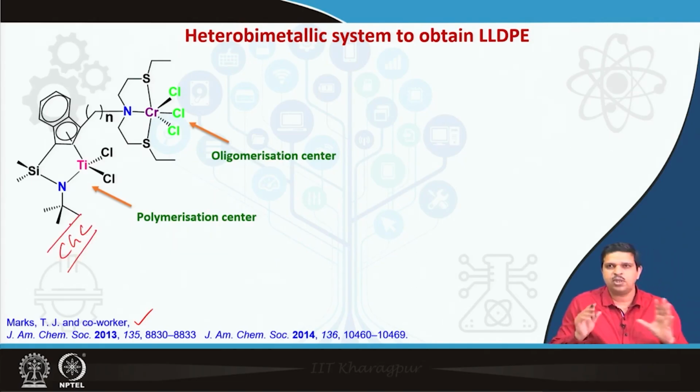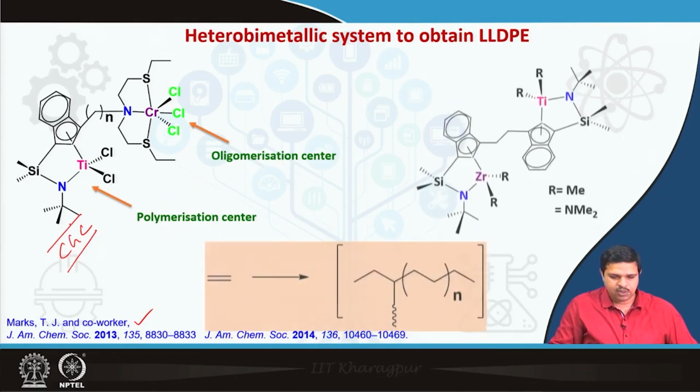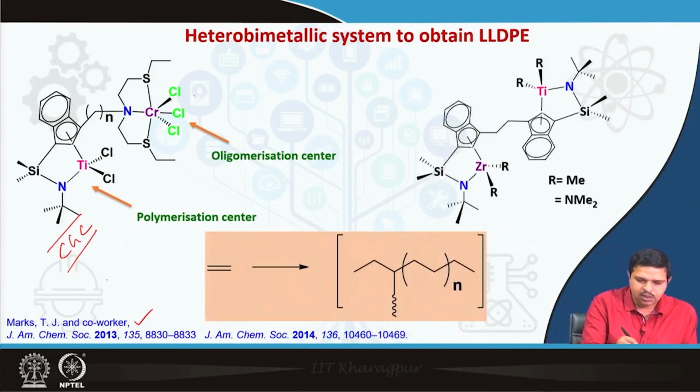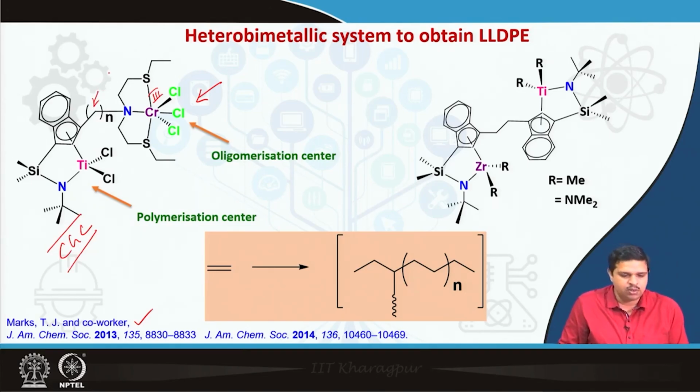I just want to show the design and the advancement in this area. Here this is CGC based, and this is chromium based, in the +3 oxidation state, attached with a spacer that you can vary. You can not only use an alkyl or carbon group, you can also use other heteroatoms.